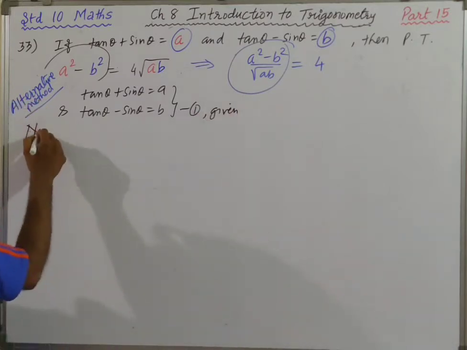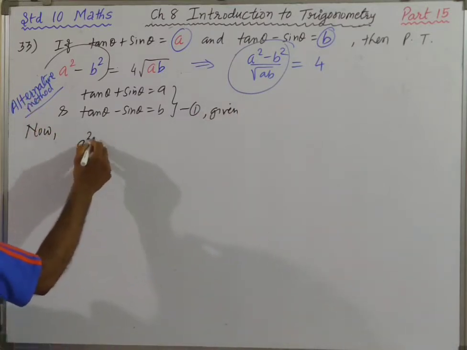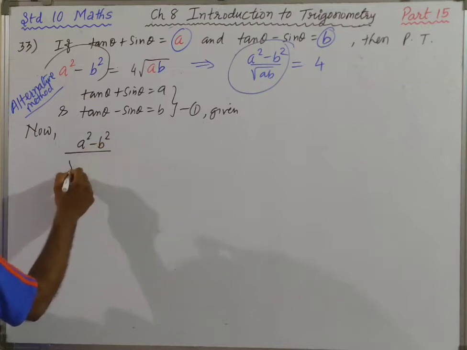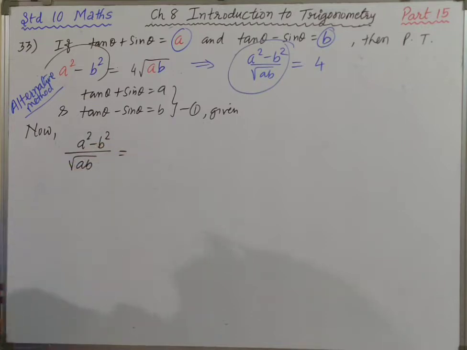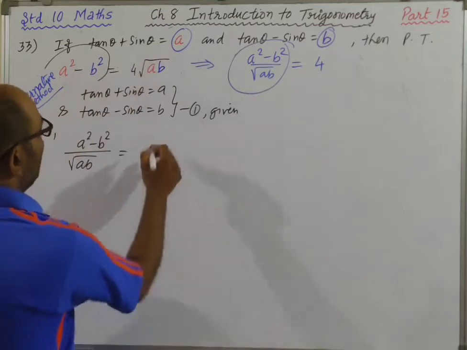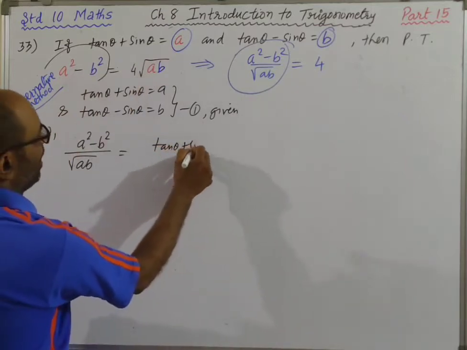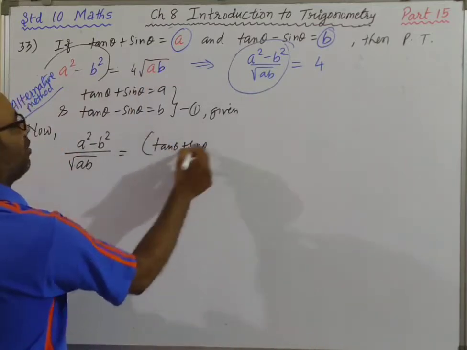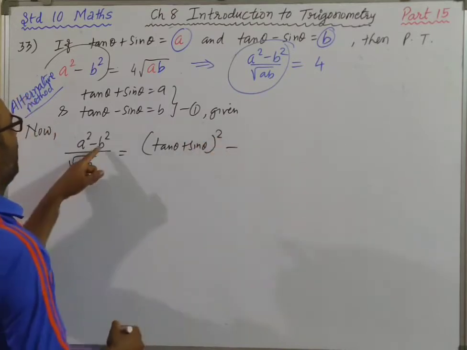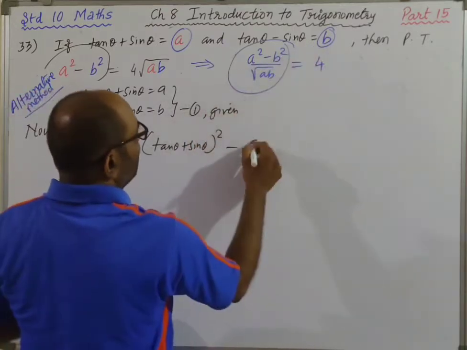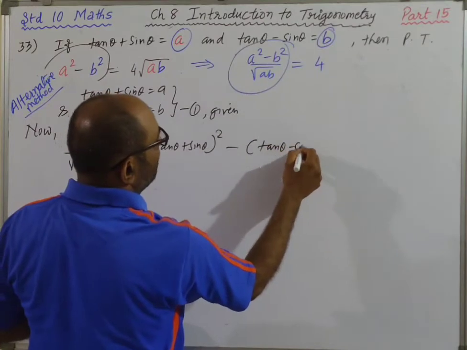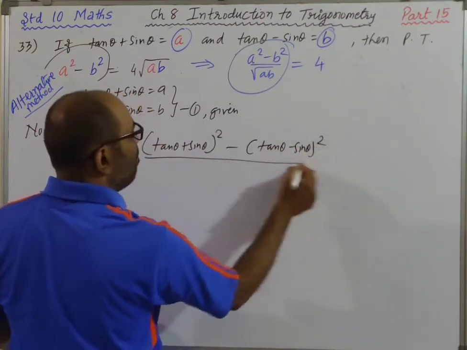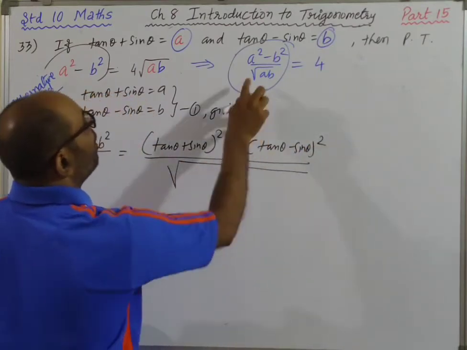Now I'm picking up that expression, a square minus b square upon root ab is equal to, let's see, what is A? tan theta plus sine theta, and its square, minus what is B square? B is tan theta minus sine theta, and its square, upon square root of a into b.